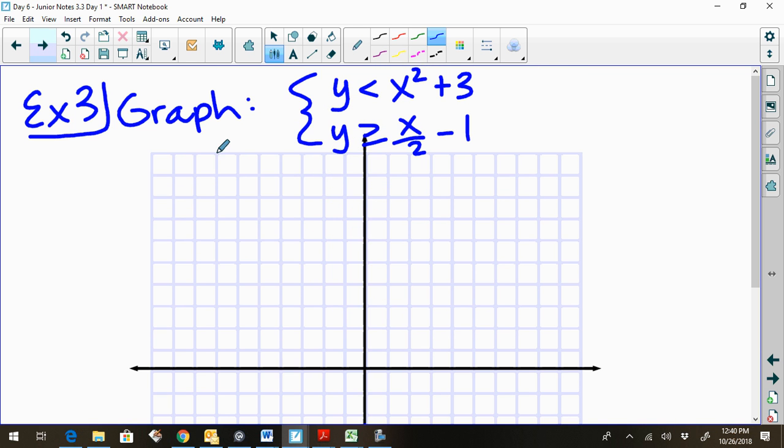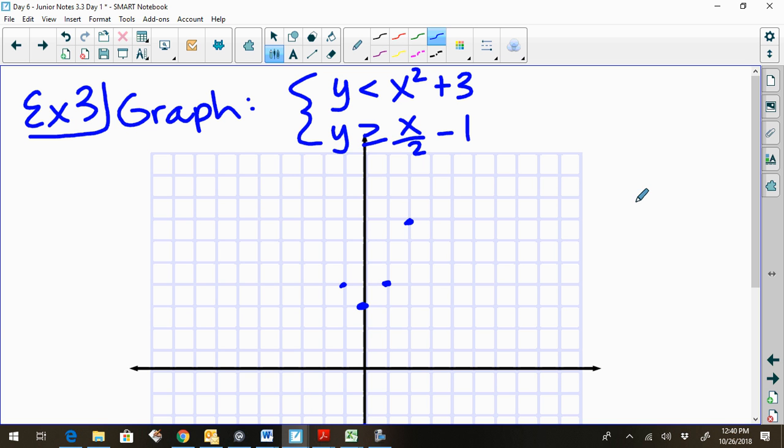So let's try one more. Graph. We've got the set of functions here. All right, so y is less than x squared plus 3. So let's graph that. We go up to 1, 2, 3. X squared, we go up 1 over 1, up 1, 2, 3 over 1.